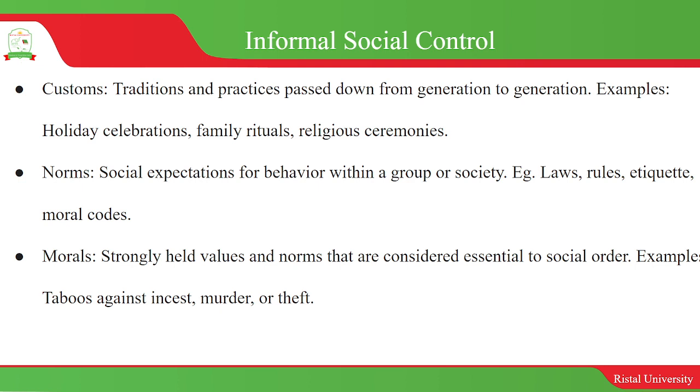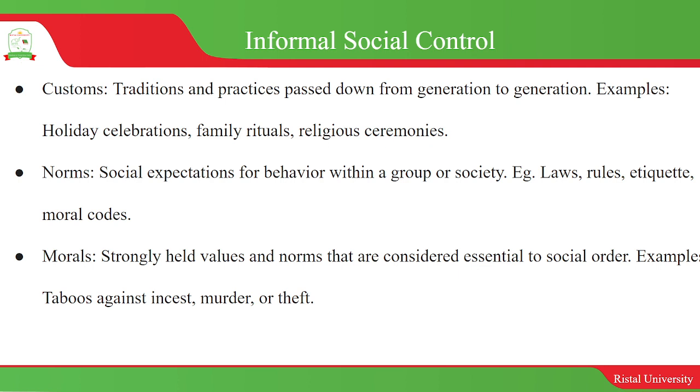So here, let's look at the terms that have been used: the norms, the customs, the morals. What do they really mean in the informal social control setting? Customs are traditions and practices passed from one generation to the other.